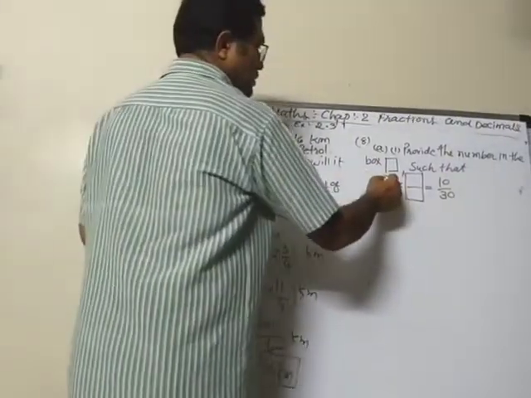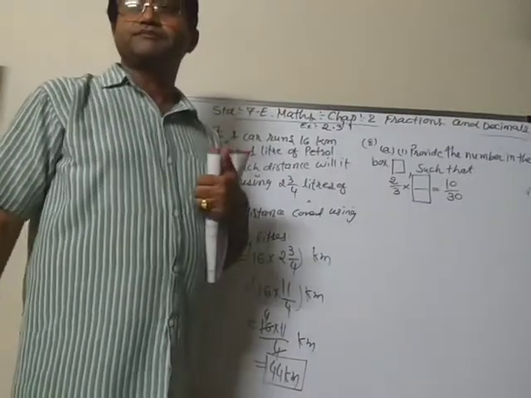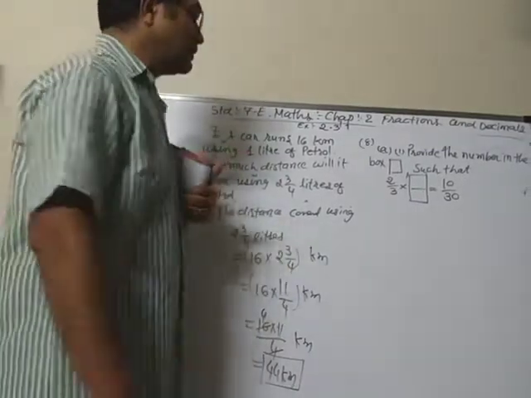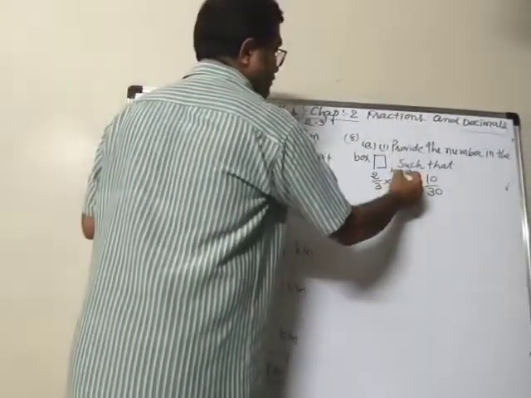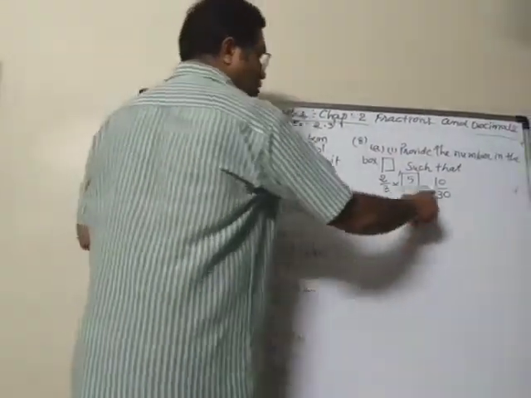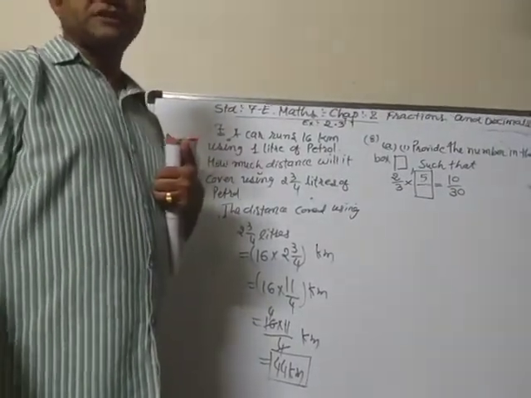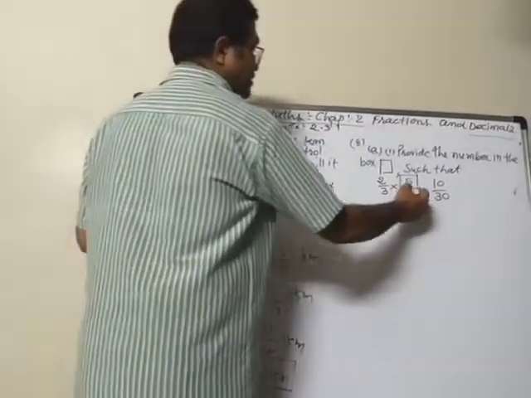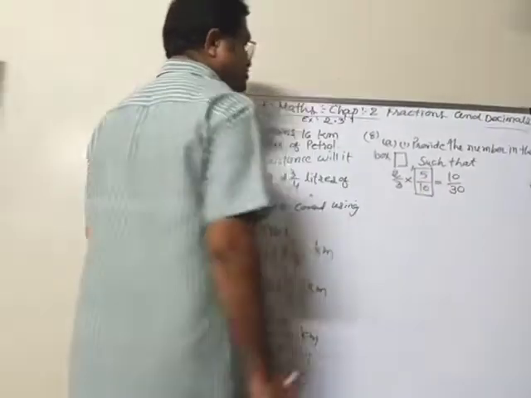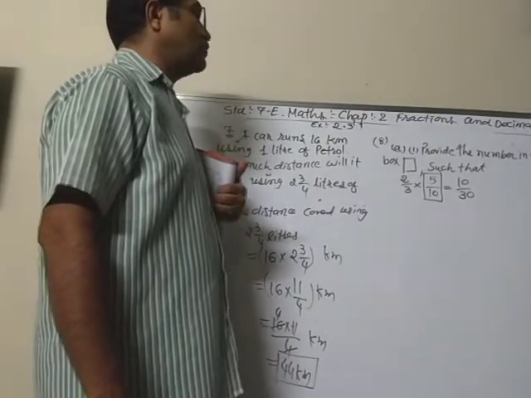So 2, how many will be 10? That we have to find. So we multiply, 2 5s are 10. So your answer will be 5. 3, how many are 30? Obviously 3 10s are 30. So the box will contain the number 5 upon 10.